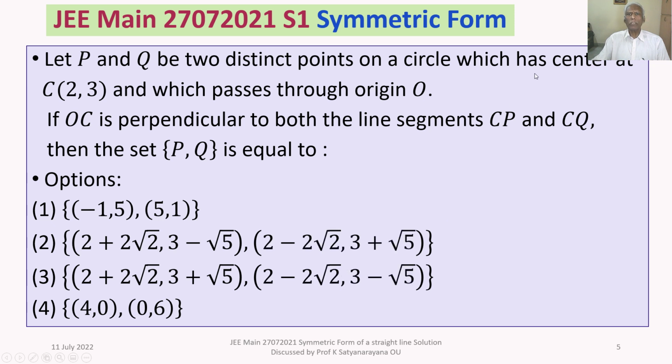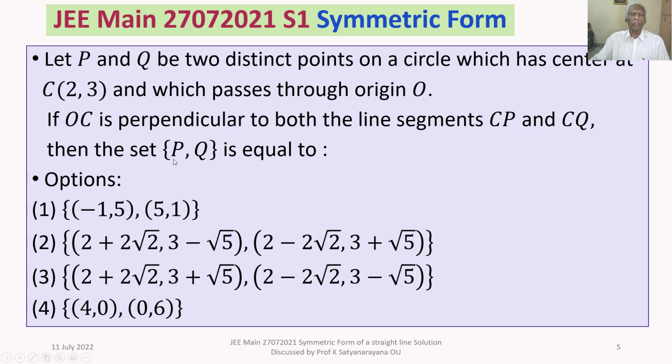So we are given a circle with the center at C (2, 3) passing through the origin O. P and Q are two distinct points on this circle, and OC is perpendicular to the line segments CP and CQ.